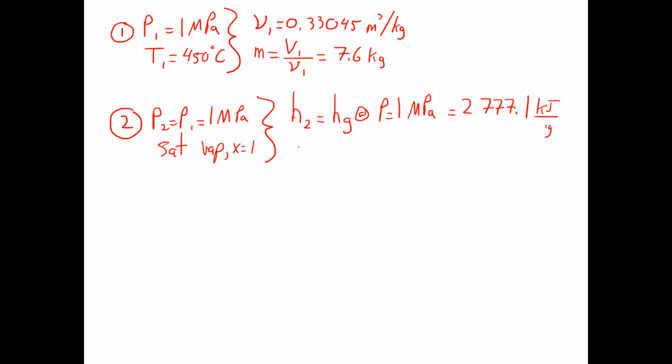And I can get the temperature too, which happens just to be the saturation temperature, so it's Tsat at a pressure of 1 megapascal, which ends up being 180 degrees, which happens to be part of what the problem is asking for.